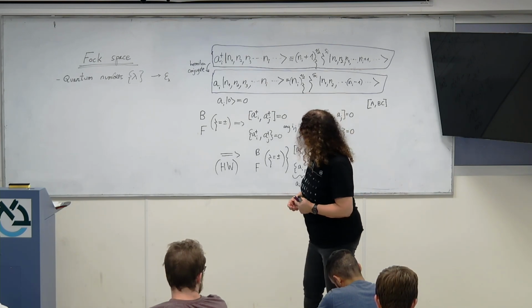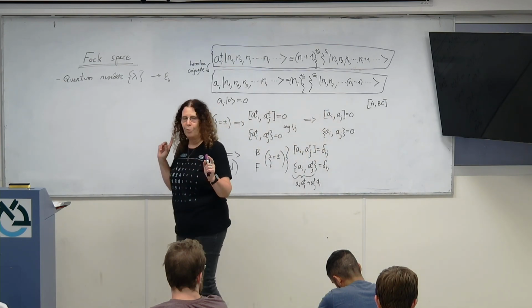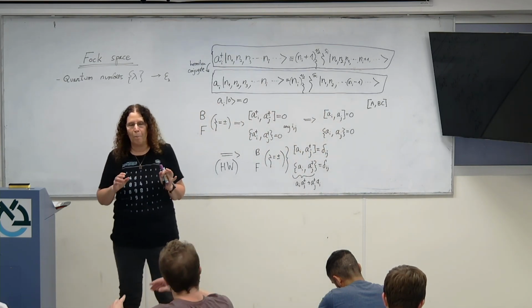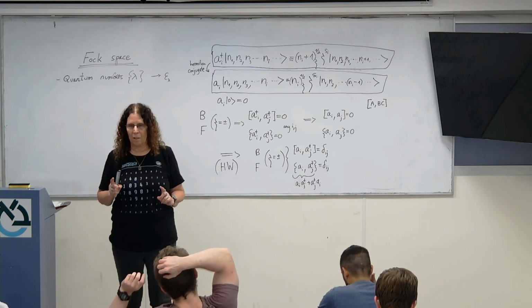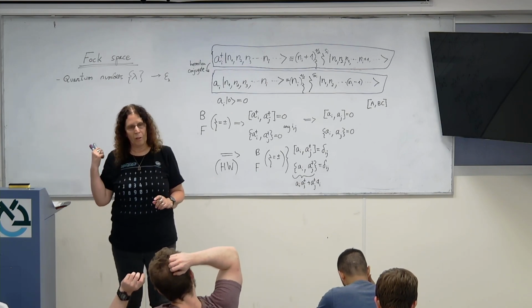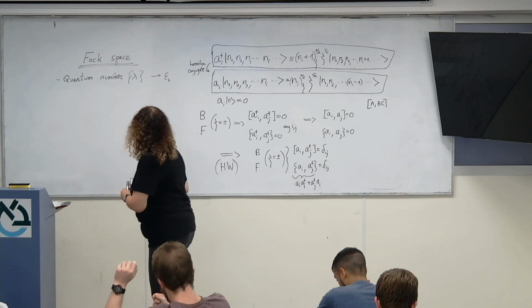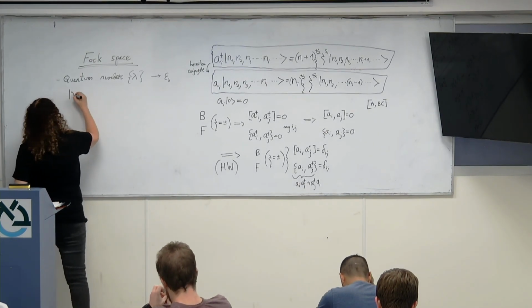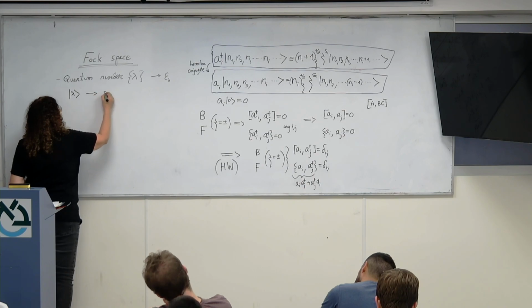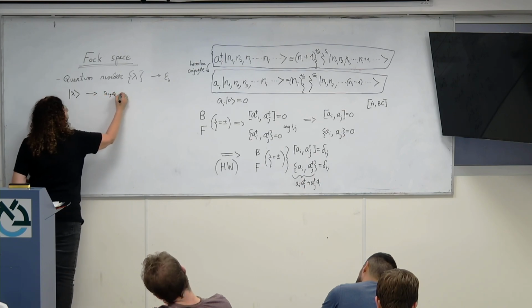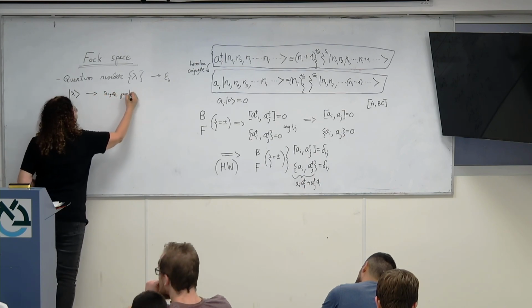And by change of basis, let's not confuse two things. I have a basis, a complete basis, if you like, for single particle states. This is what I denote as lambda. So lambda are single particle states.